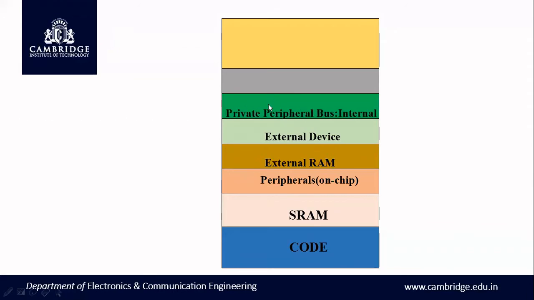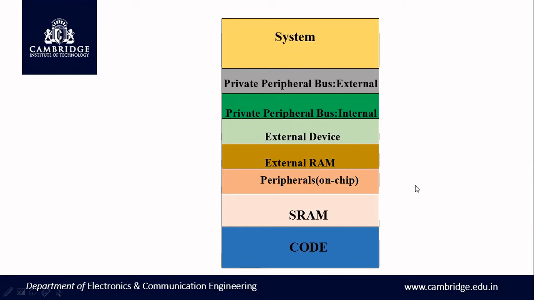And next you have your private peripheral bus. In the private peripheral bus, you have two components, internal and external. This is now followed by the vendor specific region, wherein the vendor can add on components in this particular space provided, right?